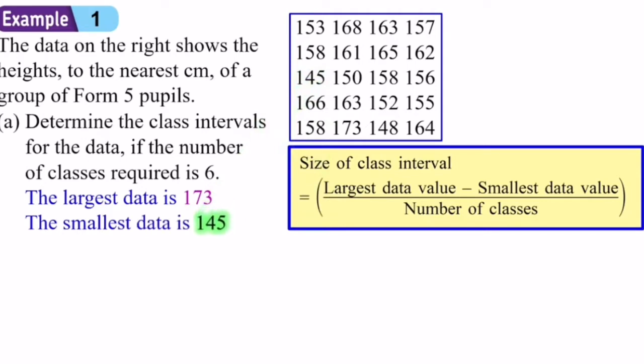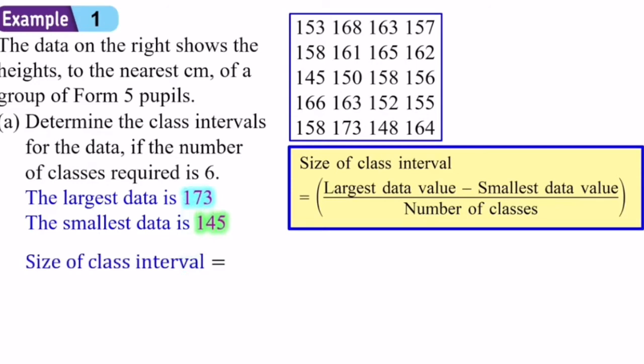You can try to press your calculator: 173 minus 145, and then you divide by 6, because we already decided to have 6 class intervals.